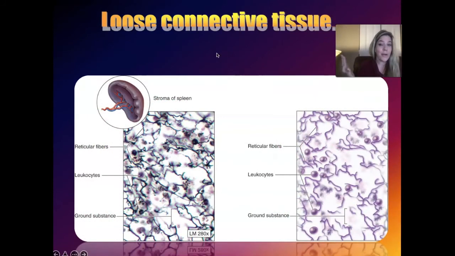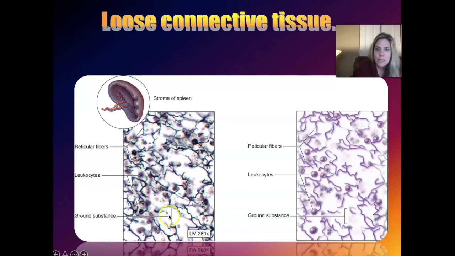So another category of loose connective tissue, remember, is reticular connective tissue. And we said this is found in the stroma of organs that tend to have immune functions. So here's the spleen, and it's found in the stroma, kind of the body of the spleen. So all of these are reticular fibers, which are part of the loose connective tissue. And you'll see that it kind of looks like a network of spider webs.